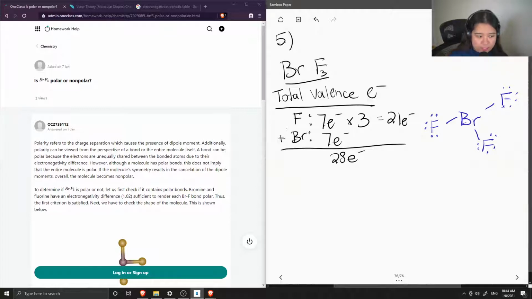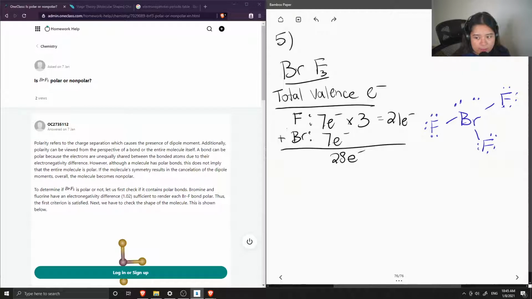So I'm going to add another 2 on my bromine atom. And now we have this kind of shape. It's kind of messy, so I'm just not going to circle them. But yeah, this is a valid Lewis structure for bromine trifluoride.